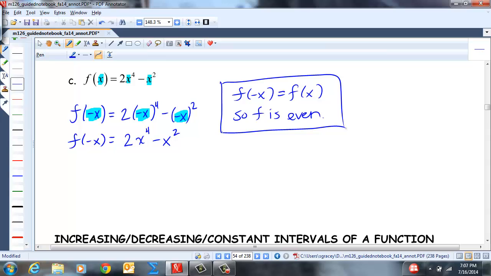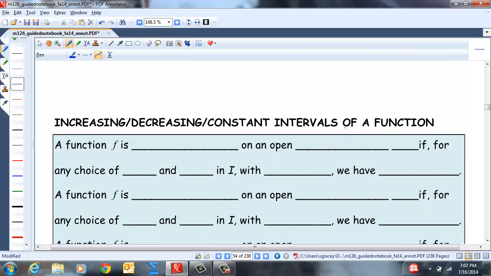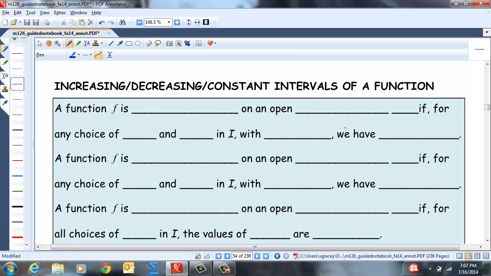Alrighty. So our next step is talking about intervals where a function is either increasing, decreasing, or constant.